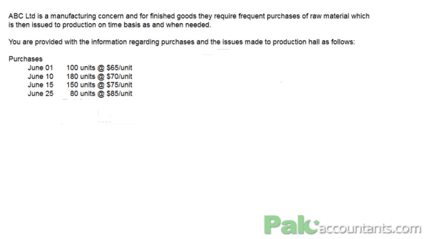Now what about the issues? Issues were made as follows. During June, on 4th of June, like 65 units were issued, and then June 14, like 170 units were issued, and then on June 22nd we issued another like 200 units.